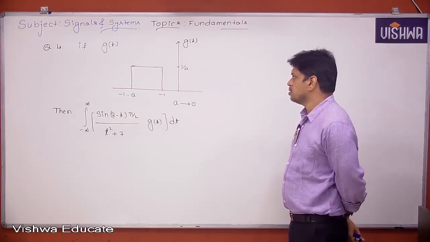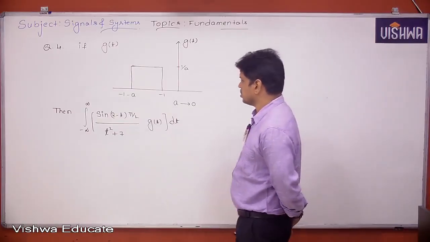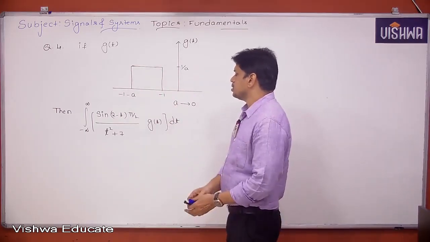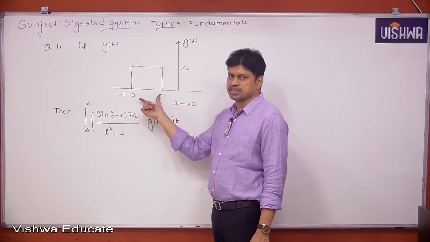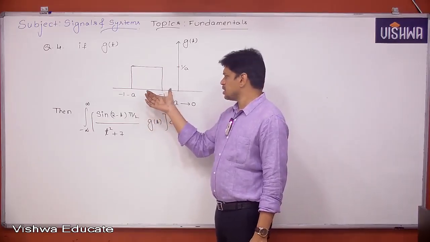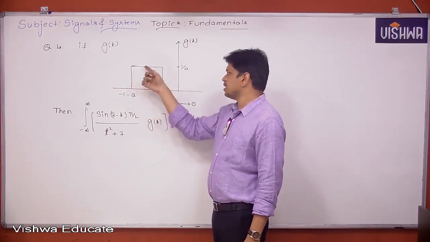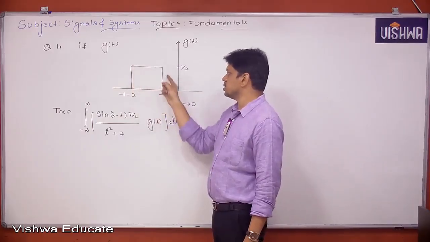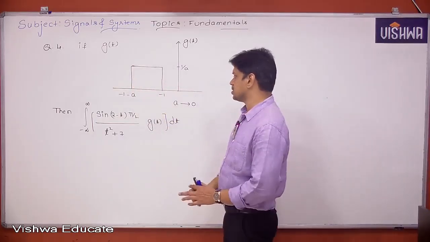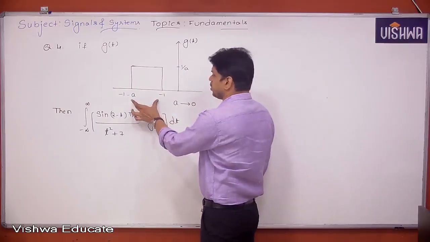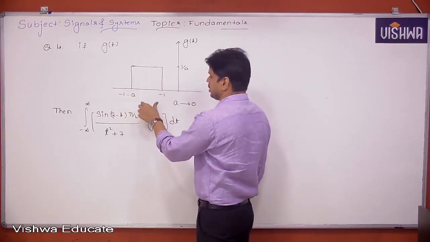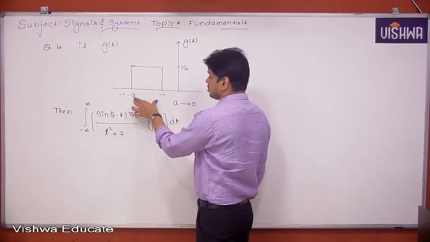Okay. First, forget about this question. Try to understand the g of t. Here, g of t looks like a rectangular pulse. If I ask what the width is, from minus 1 to minus 1 minus a, which is nothing but a.